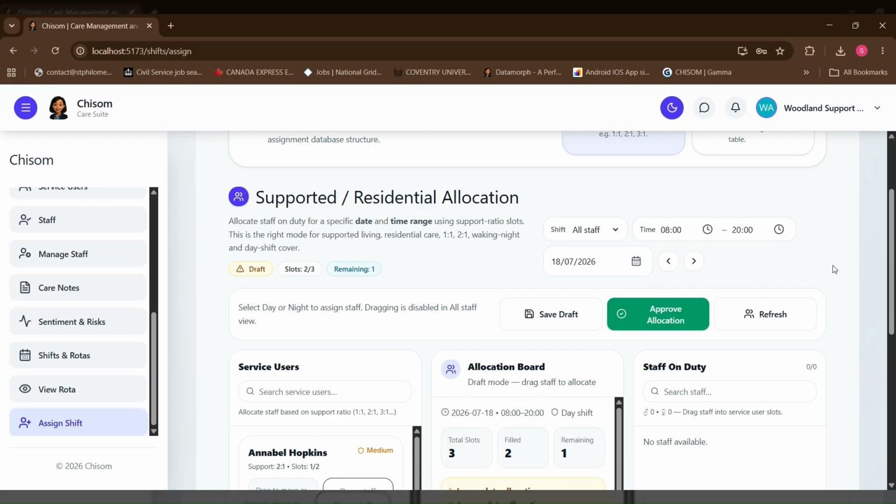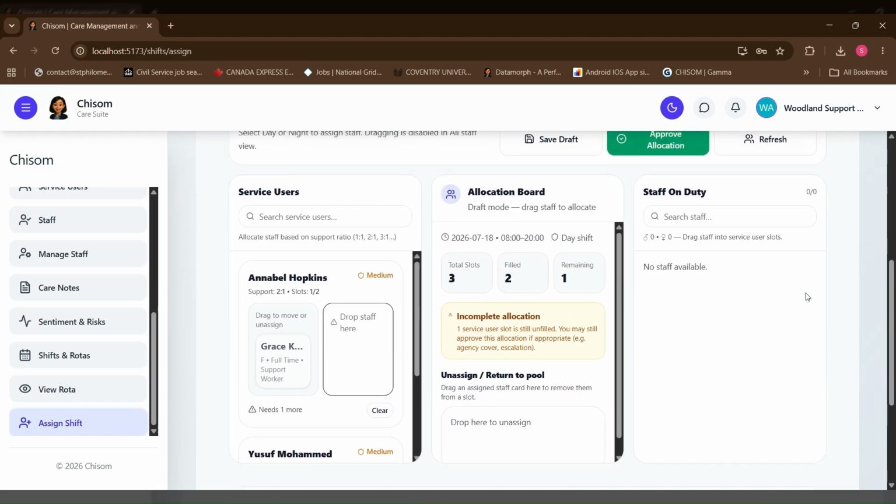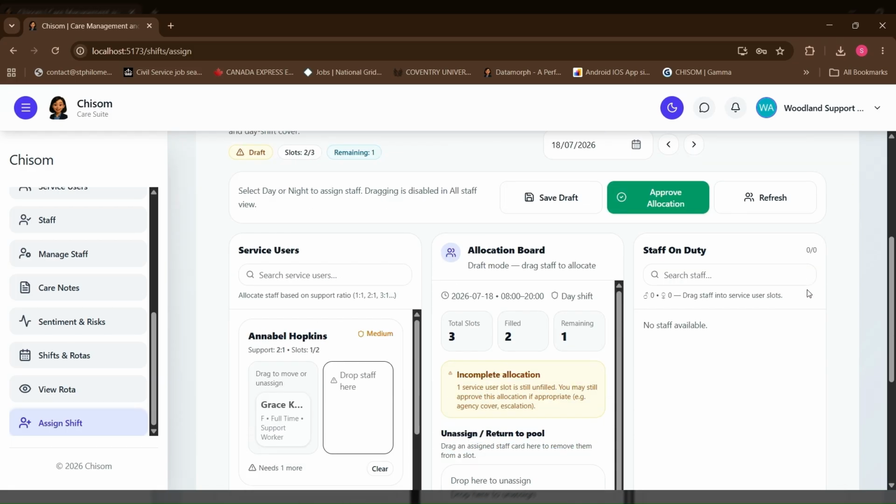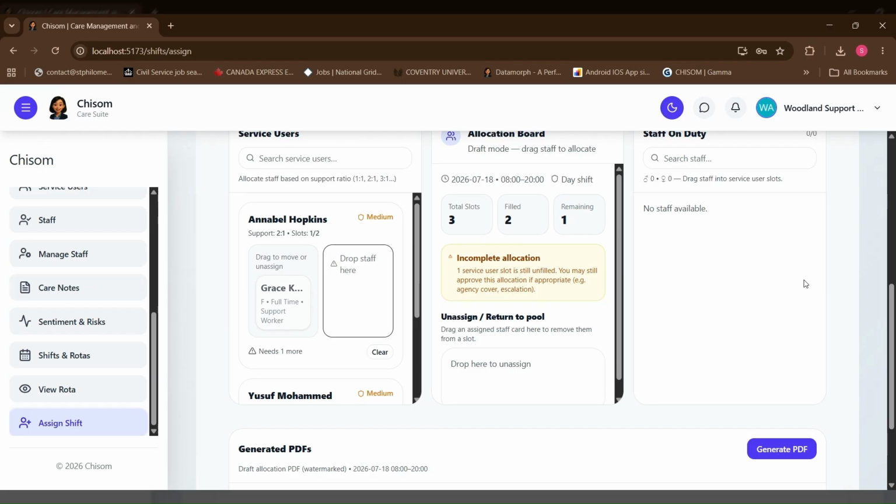Why did I do it like that? So that any care provider will be able to use this software comfortably. Right now, the system accounts for any kind of support level, whether supported living, residential, or domiciliary. It accounts perfectly for every kind of support level.